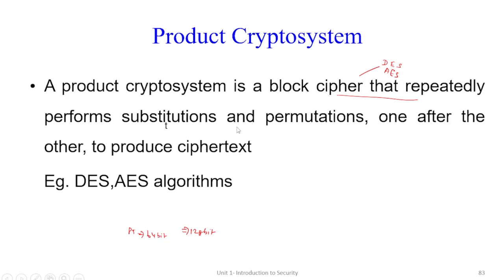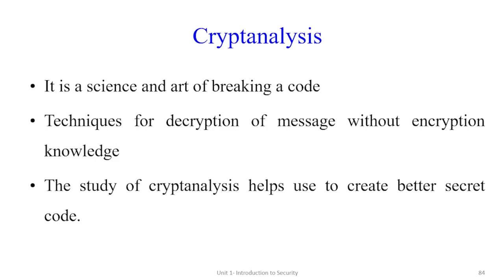The best block cipher symmetric encryption algorithms are DES and AES. DES means Data Encryption Standard and AES represents Advanced Encryption Standard. The difference is that the plaintext block is 64 bits in DES, but in AES the block size should be 128 bits.